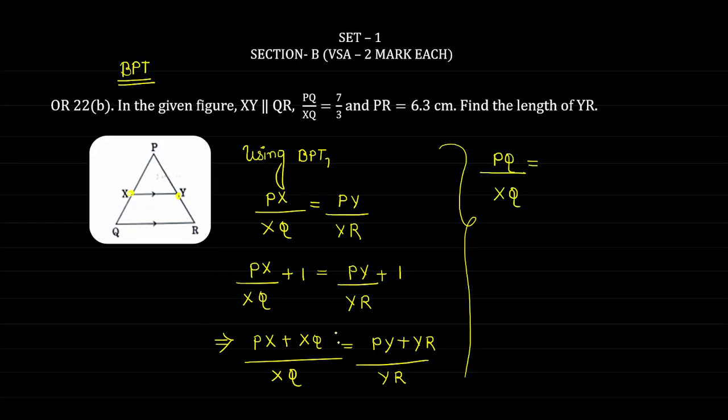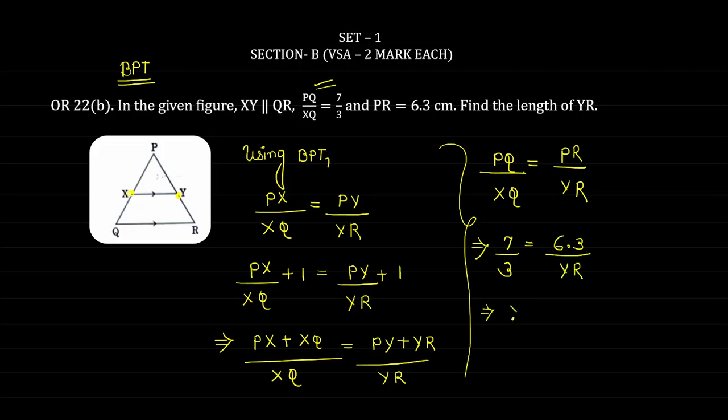Now why did we do this? Because this was given to me. You can directly write this also, there is no problem. PY plus YR, that is nothing but PR, and that is also given to me. YR I need to calculate. Now I have everything I need, I just need to put the values here. So PQ by XQ is 7 by 3, PR is 6.3, YR we need to calculate.